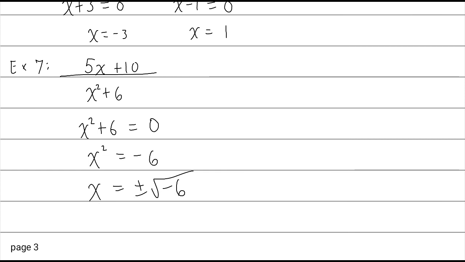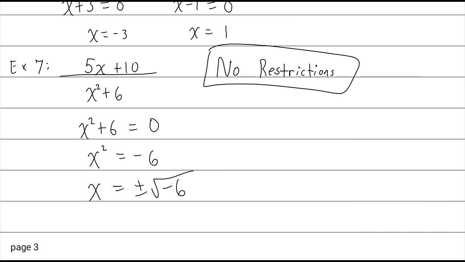We can't have that, at least not yet. So if you come across the square root of a negative, that means there's no real solution to this particular equation. And if there's no real solution to that equation, then it turns out there are no restrictions. That's why it's my favorite one here. I can't even solve the equation because there are no restrictions.